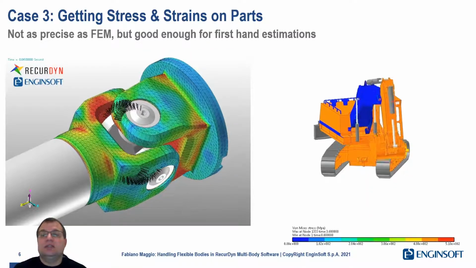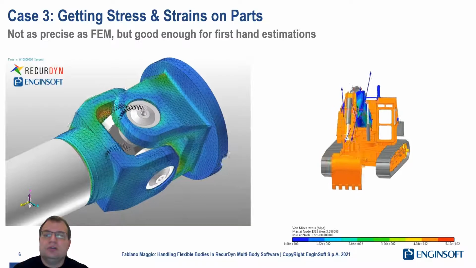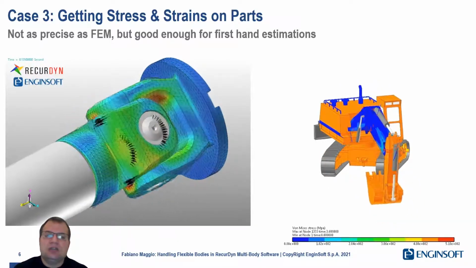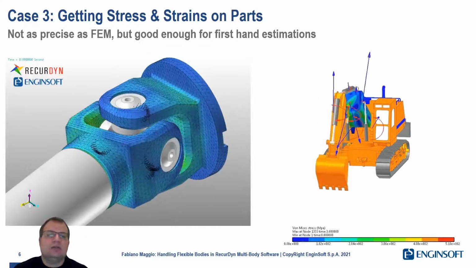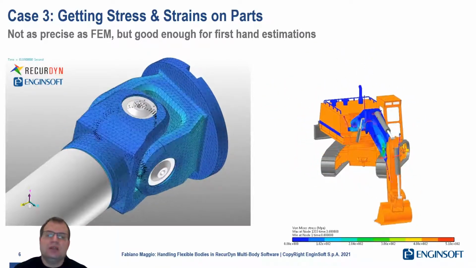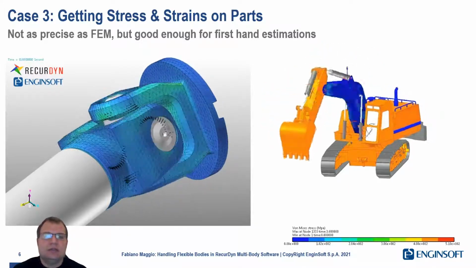This is probably the easiest to understand. In these two models, we wanted to get the prediction of the stress that is caused by dynamic response of the system. And so we had to use flexible bodies.